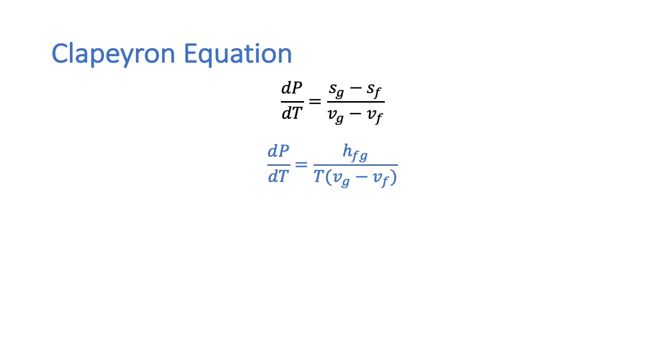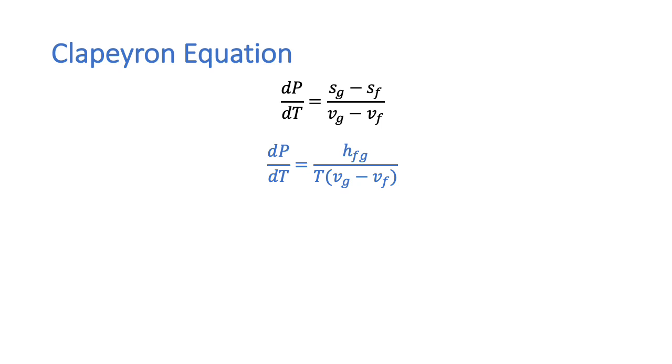This says that dP by dT is equal to Hfg upon T times Vg minus Vf. This gives the slope of the equilibrium curve, and everything on the right-hand side now is known and easy to measure. The latent heat of vaporizations of different substances have been measured and tabulated. The specific volumes also have been measured.